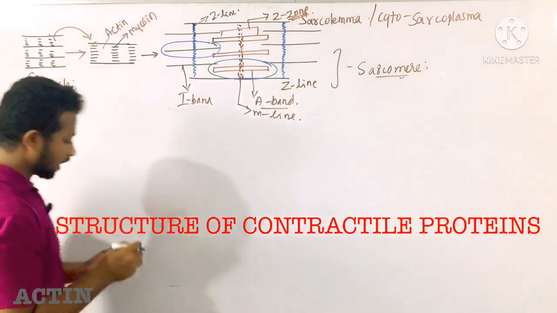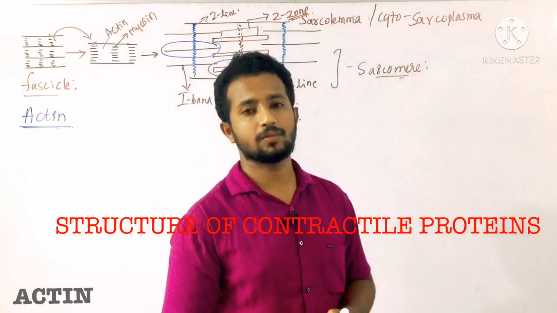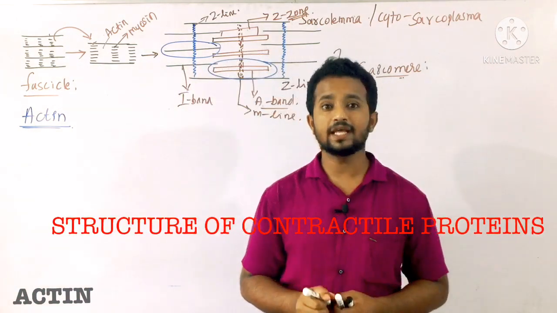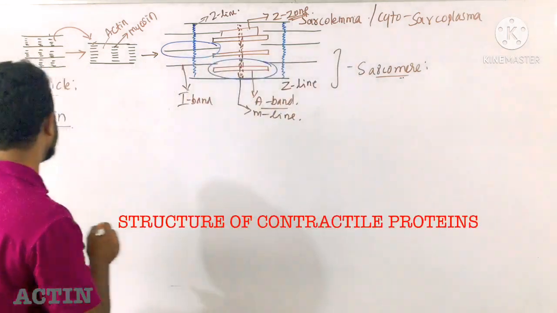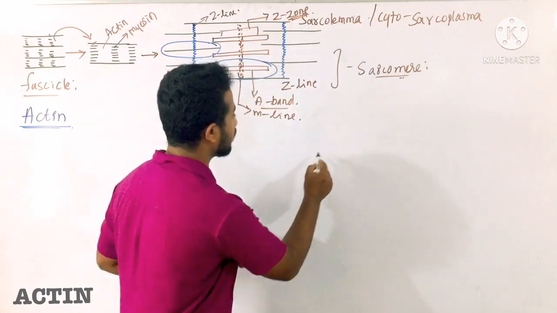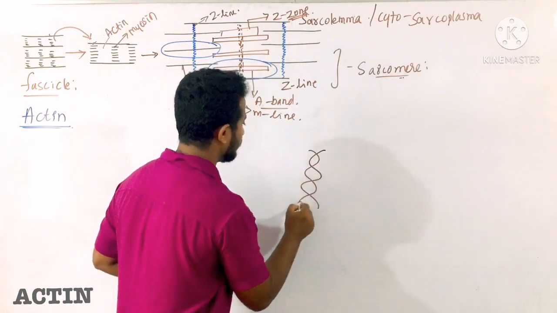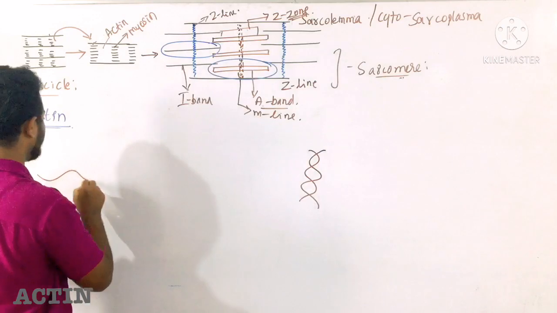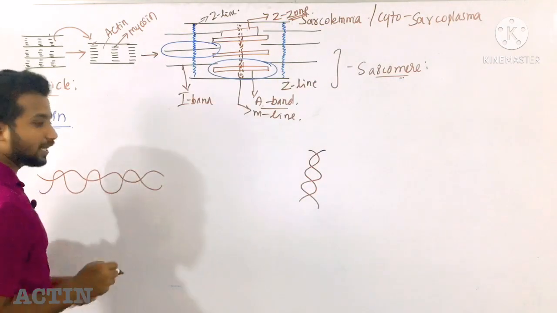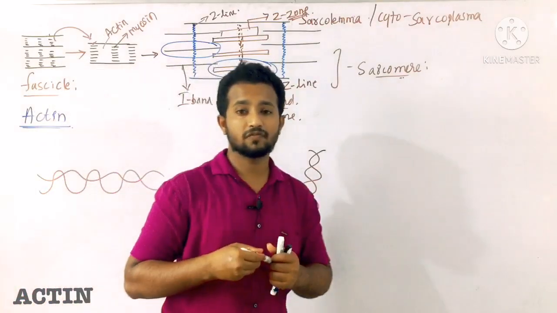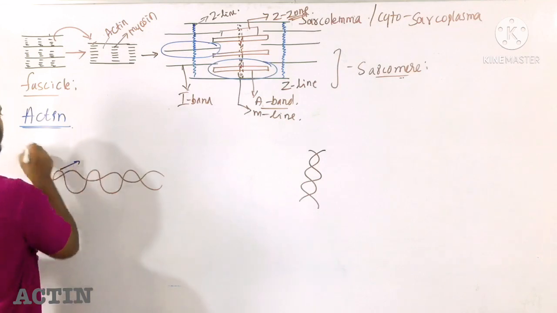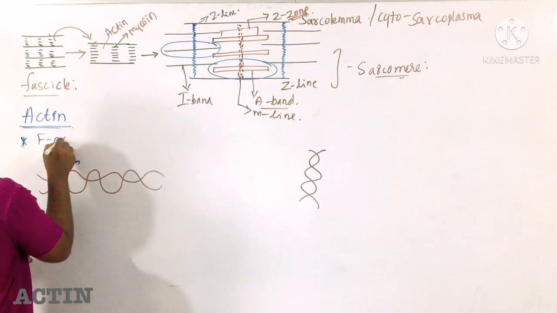Actin is the secondary protein of the muscle bundle, and each actin is made up of two helically arranged filaments. I hope you know about the helical structure of DNA. So here also the actin filaments are helically coiled. They are made up of a filamentous structure, which is called F actin.